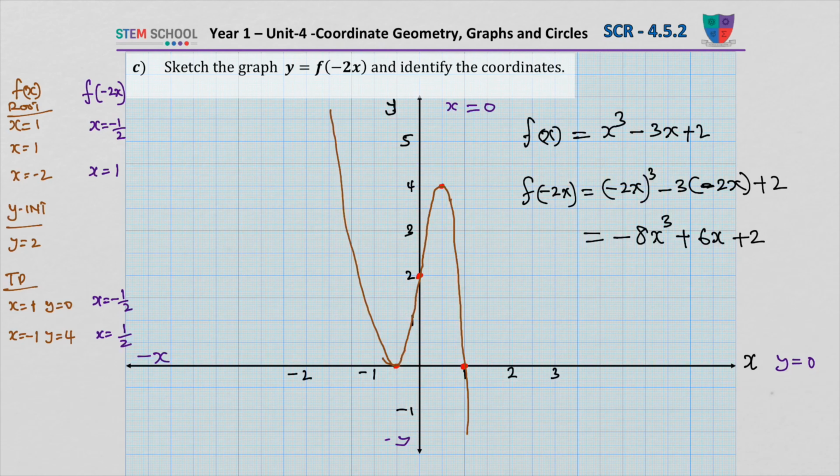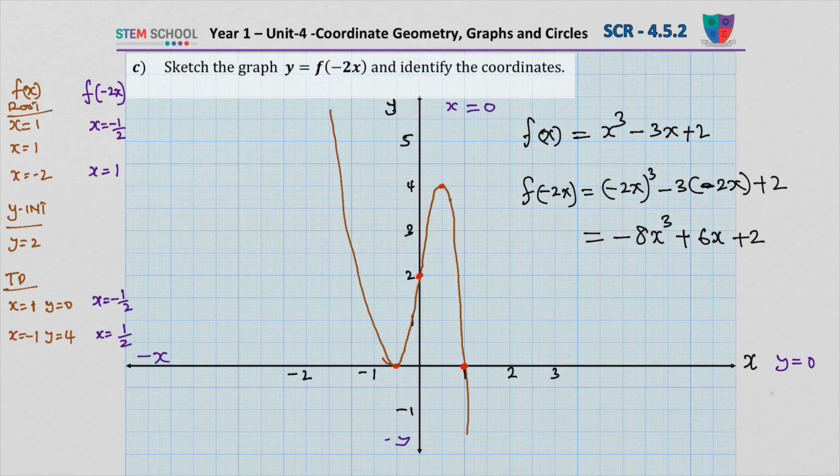Obviously, if you put x equals 0 here, we will get the 2, so that's good. And if we put x equals a half here, or 1, if you put x equals 1, we should get 0 because that's 1. 6 plus 2 is 8, 1 here, that'll be minus 8, so that's y 0. So that works, everything works, so that's good.